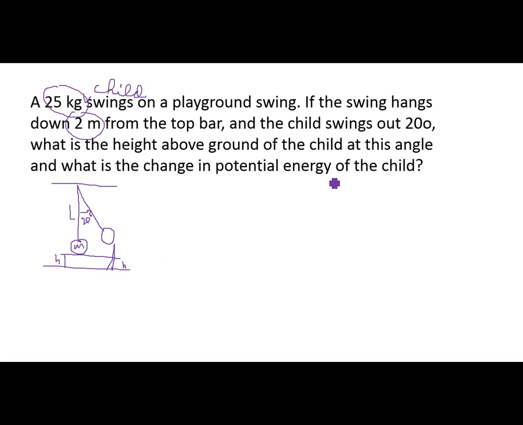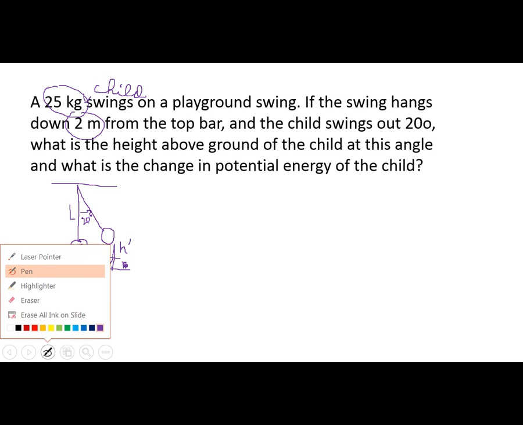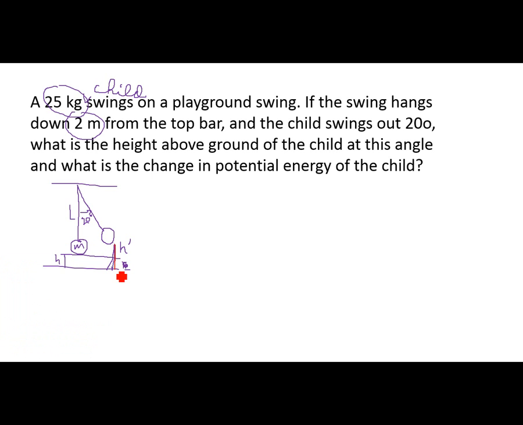And what is the change in potential energy? Let's use the symbol h primed for the total height as the child swings out. So h primed will be that total distance.